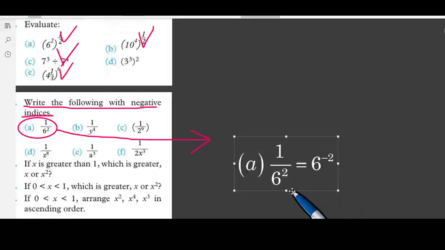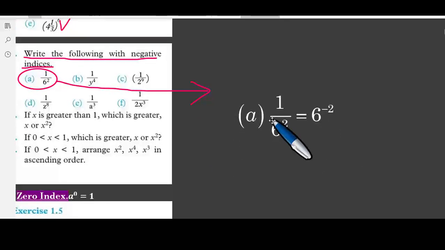See here, I go over the fraction bar with a negative sign. We applied this simple law. Just see, I go over the fraction bar with a negative, and see, this law has been applied. Good.